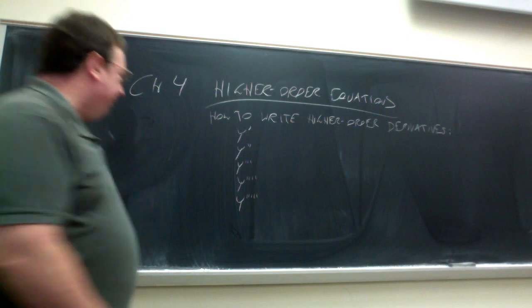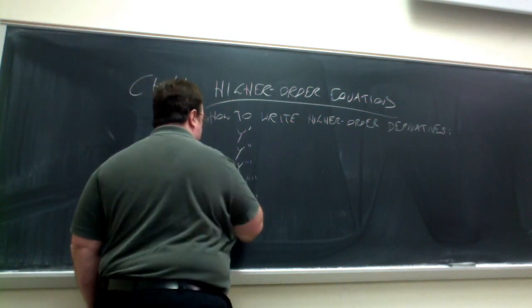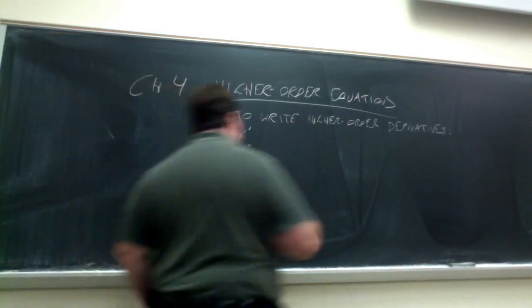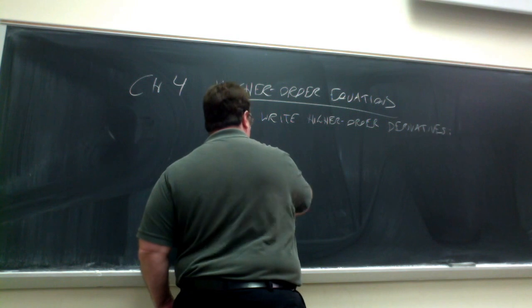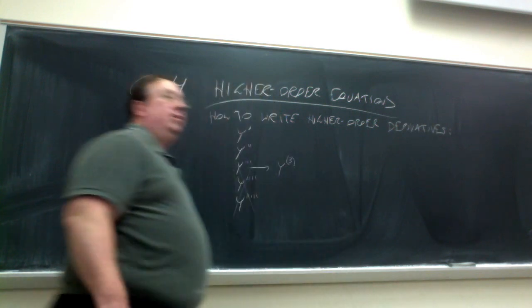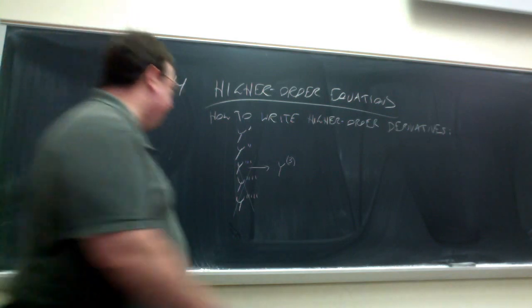So, for derivatives of order higher than 2, we're not going to have a bunch of primes. The notation we use instead is, for the third derivative, y with a superscript 3 in parentheses. The parentheses are very important because if they're not there, you're going to think it's y cubed, and that's definitely not what we're looking for.